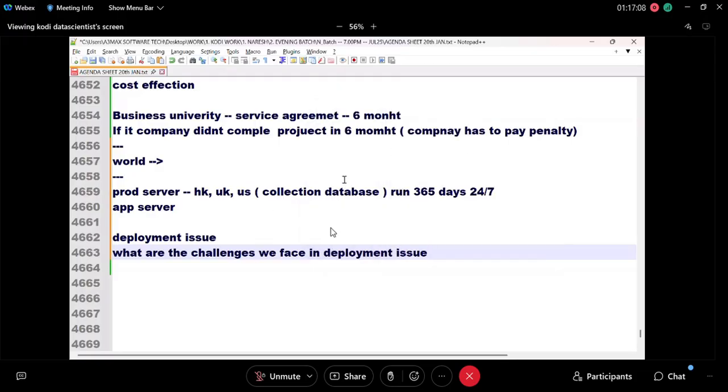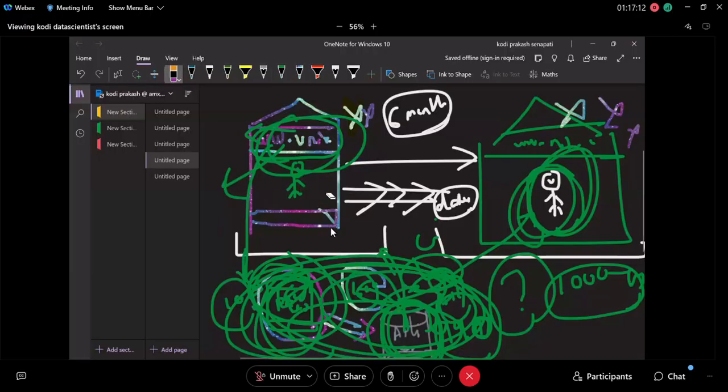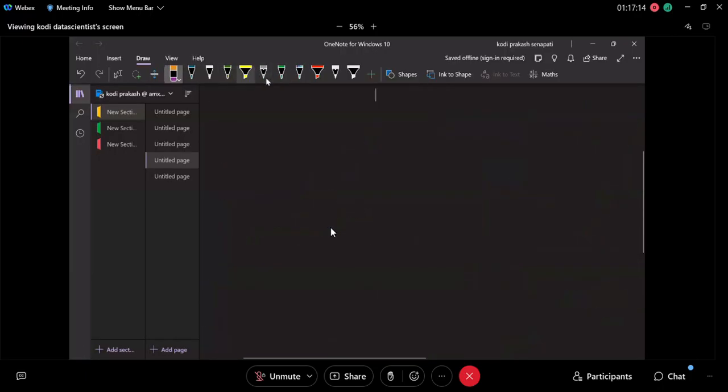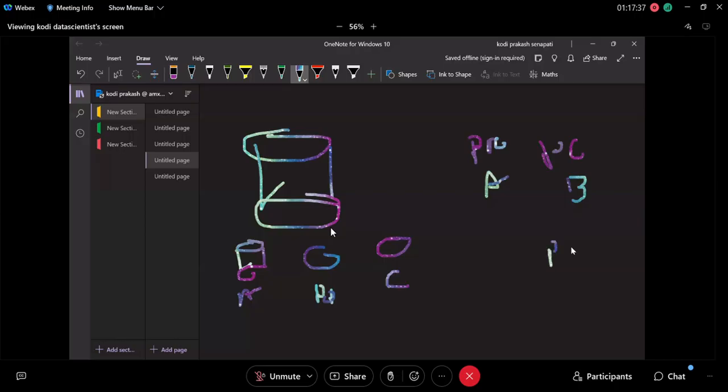I'll tell you one situation that happened in my existing company. It is a client, okay? And the client has multiple DBs: DB A, DB B, DB C. Then also products: product A, product B, product C, correct?